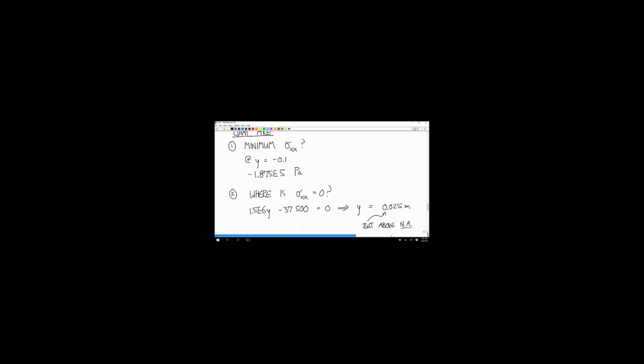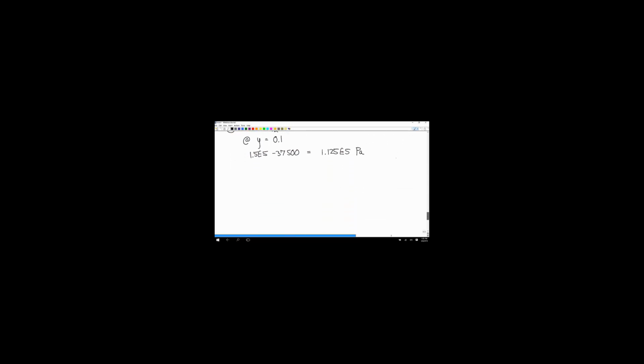Now the next one is stress due to shear force. And this is always going to be an XY stress element. It makes sense if you think about it like this.